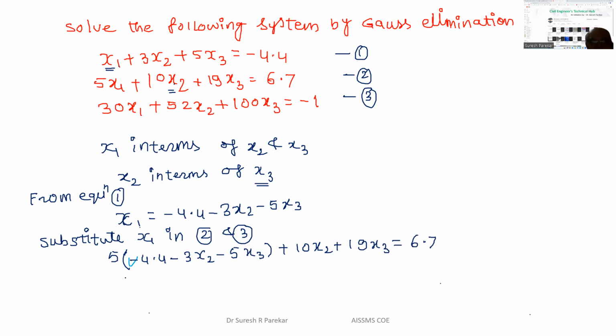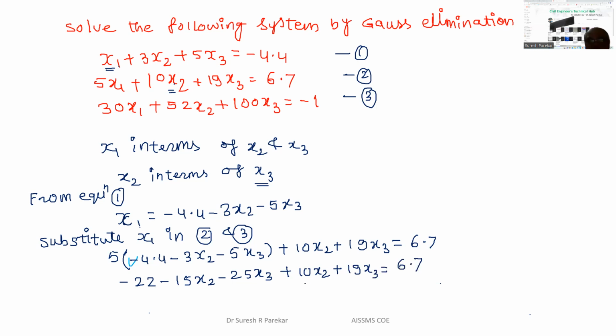So now we can solve this. We have minus 22 minus 15x2 minus 25x3 plus 10x2 plus 19x3, equal to 6.7.